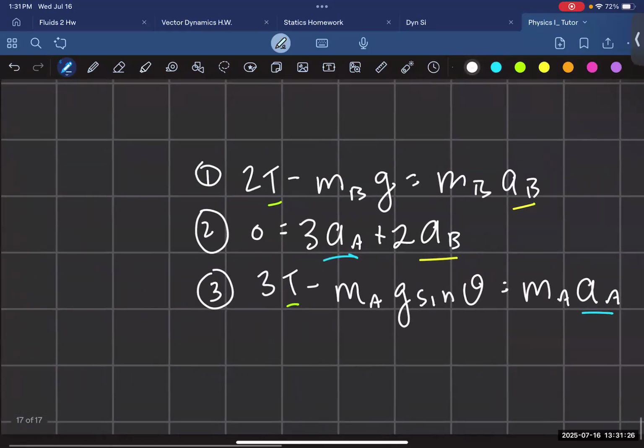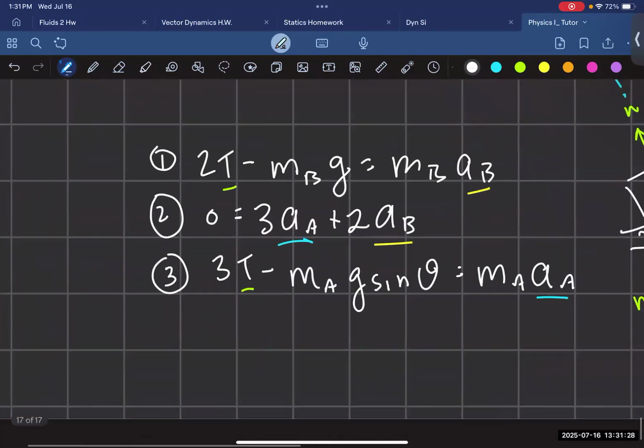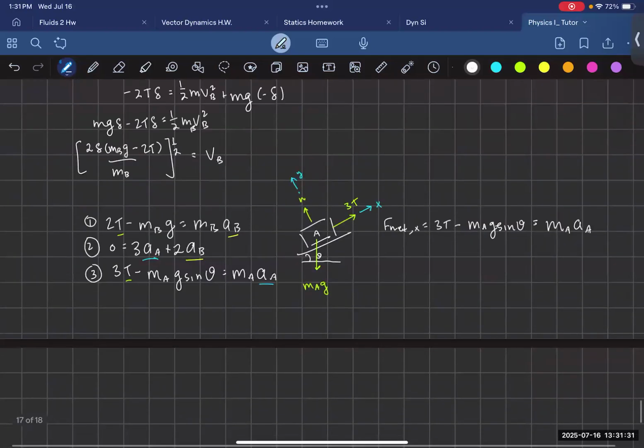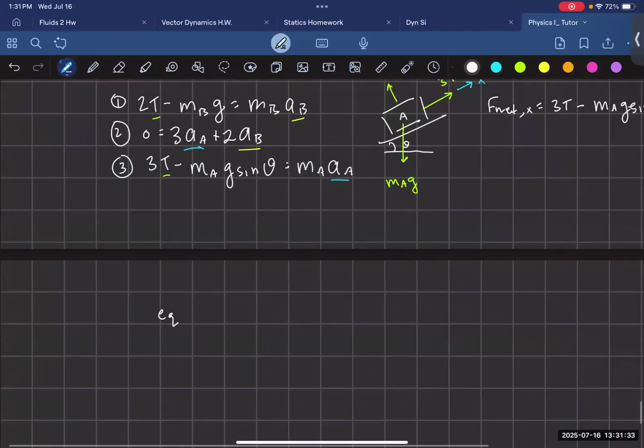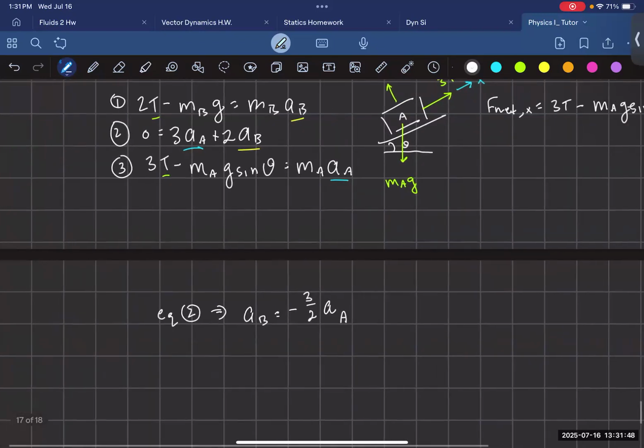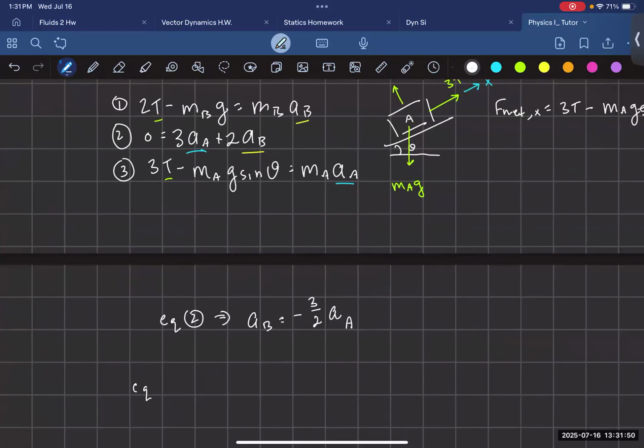Let's look at equation number two. Rearranging equation number two, we get the acceleration of B is equal to negative 3/2 the acceleration of A. Now, if you look at equation number one, we can plug equation number two into it.